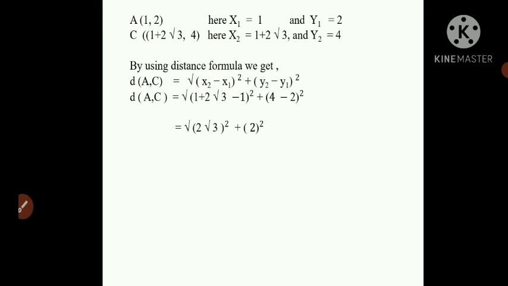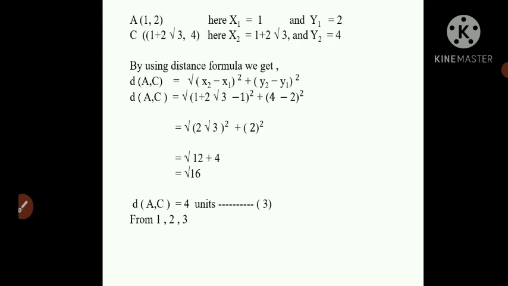So (2 root 3) the whole square is left, and y2 minus y1, which is 4 minus 2, is 2 square. Again, (2 root 3) the whole square is 4 times 3, which is 12, plus 2 square which is 4, giving 16. By taking the square root, statement number 3 is again 4 units.